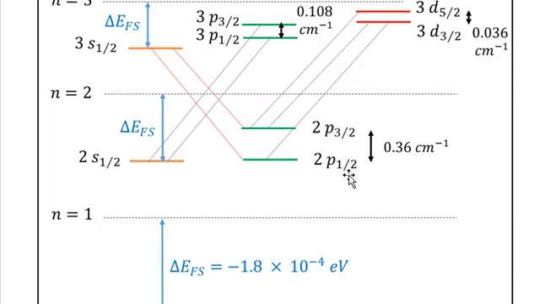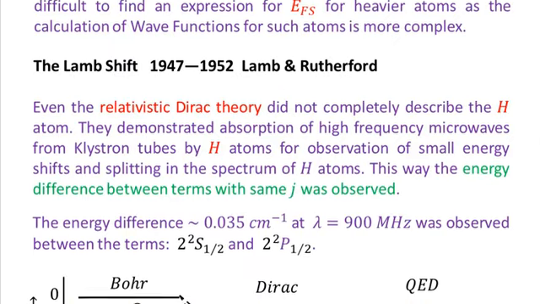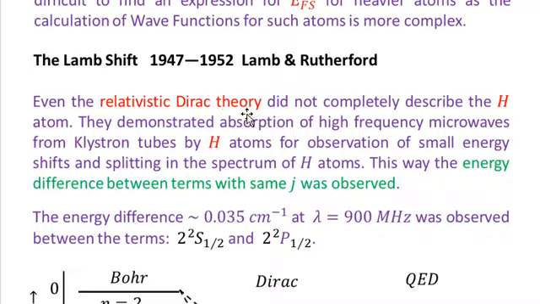That is, the same J value should have different energies. This picture is due to Dirac, and these two levels are at the same energy level, but as observed spectroscopically, there is a difference of energies between these two levels having the same value of J. This was not explained by Dirac.